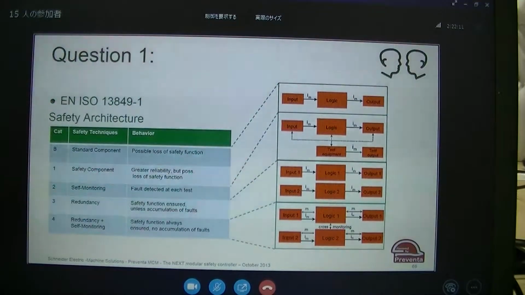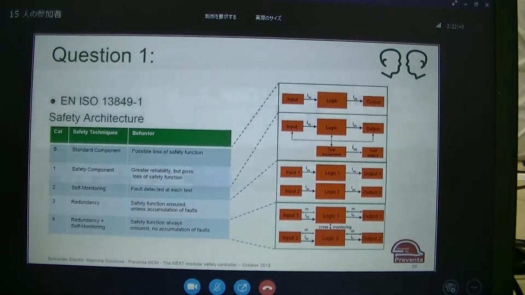So what are all the failure modes between these two logics and two inputs? Short circuit to ground, short circuit to plus 24 volts external power supply, short circuit between each other, losing the wire or cutting the circuit from one, cutting the circuit from two.